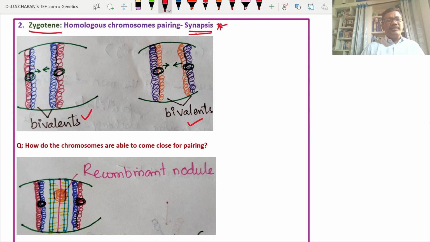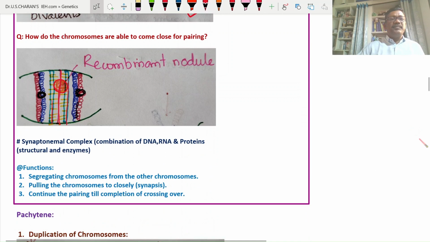It contains one lateral line, and another lateral line, but in between these two lines there is a midline. In the midline there is a structure, the recombinant nodule, which contains enzymes used for crossing over. That is discussed next.